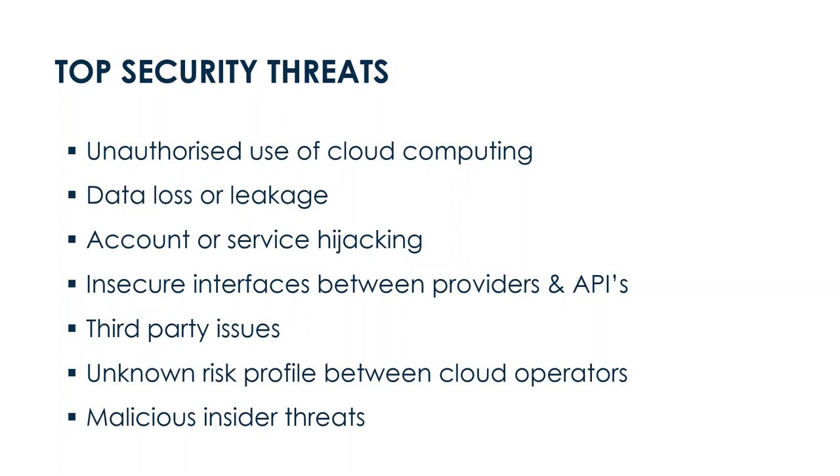So we do have things like unauthorized use of cloud computing. Unauthorized usage is always a challenge when it comes to cloud computing. And in the upcoming slides, I will provide some recommendations on the kind of controls we should be looking for, for each of these threats.